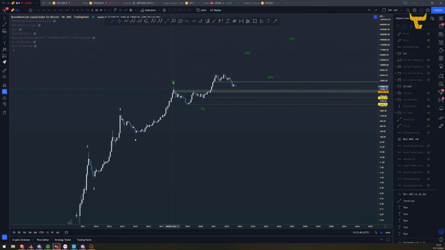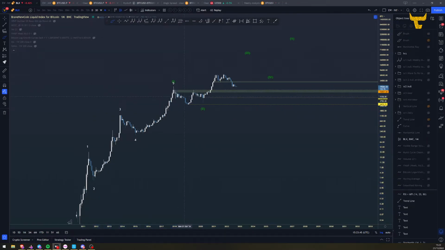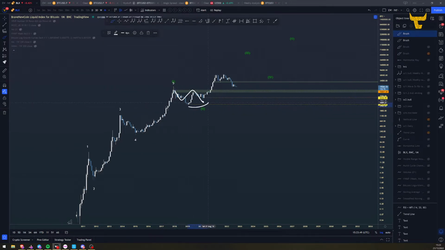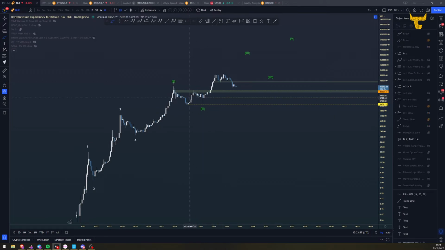We don't breach the rule, it could mean this is a wave 1. Maybe we have some kind of flat here for 2, making this correction enough to suggest it can be a correction of this whole move in terms of time, because otherwise this is way too quick to be a correction of this.